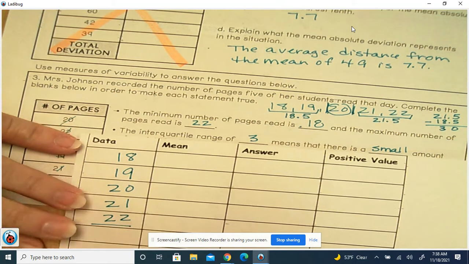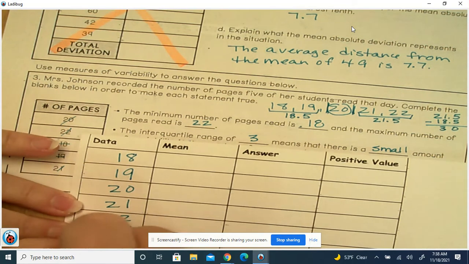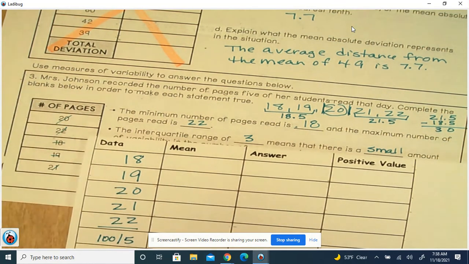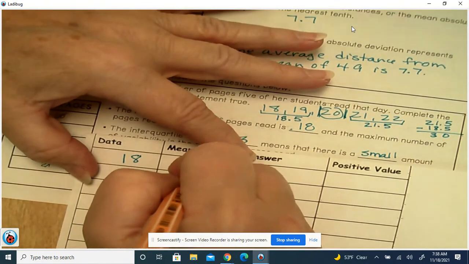We would add those pages up. So we got 18 plus 19 plus 20 plus 21 plus 22 is 100. We'll divide that by 5 because that's how many numbers we added up. And that gives us a mean of 20. So we're going to put 20 here all the way down.